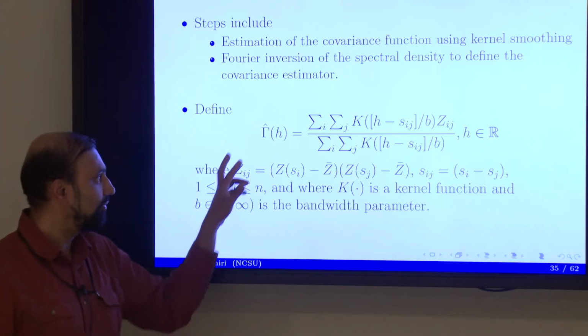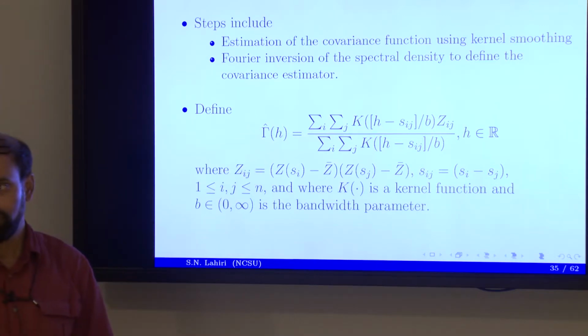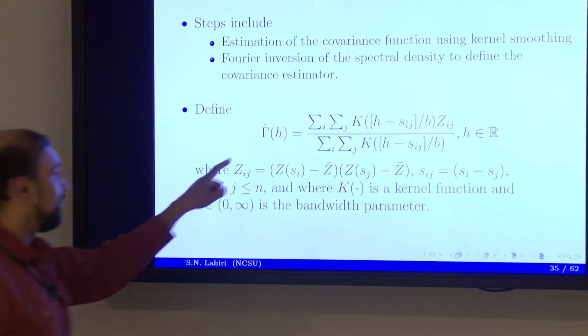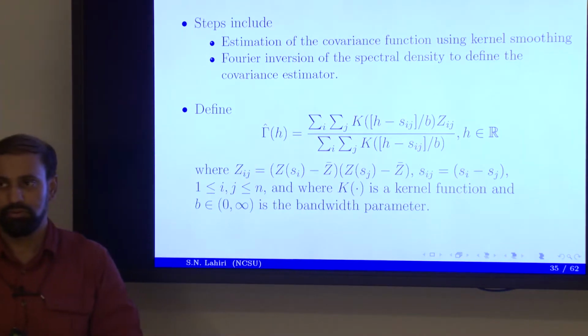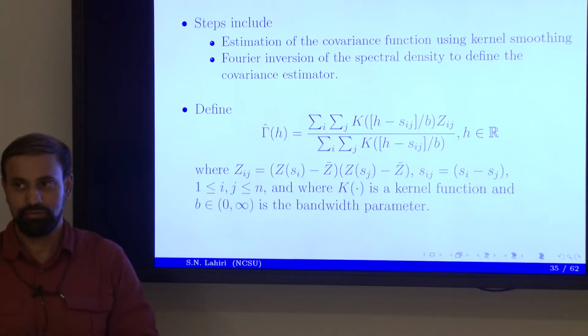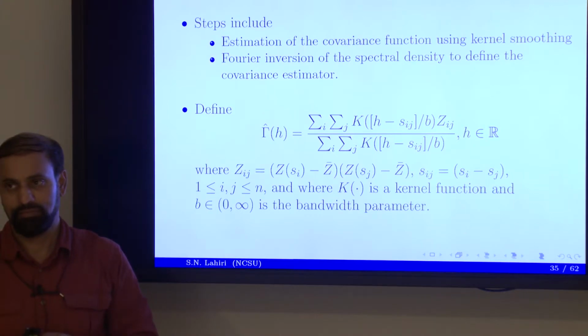The other problem, you're trying to estimate the covariance function, the autocovariance function. That should have this non-negative definiteness property, right? And when you do this local smoothing, there is nothing that guarantees that this as a function of h will have non-negative definiteness. So if you are trying to do predictions and make use of these estimated values, you are in trouble.